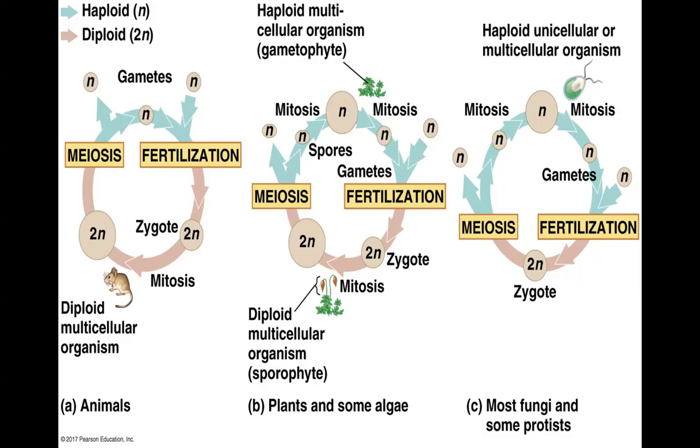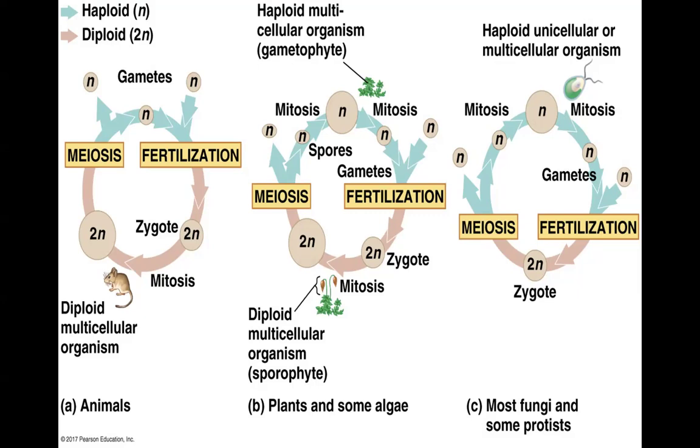Some fungi and protists can undergo a different life cycle strategy. In this form here, the diploid state is considered to be a very short phase in their life cycle. So their gametes will undergo fertilization to form the zygote. However, the zygote will undergo meiosis to form a haploid cell.